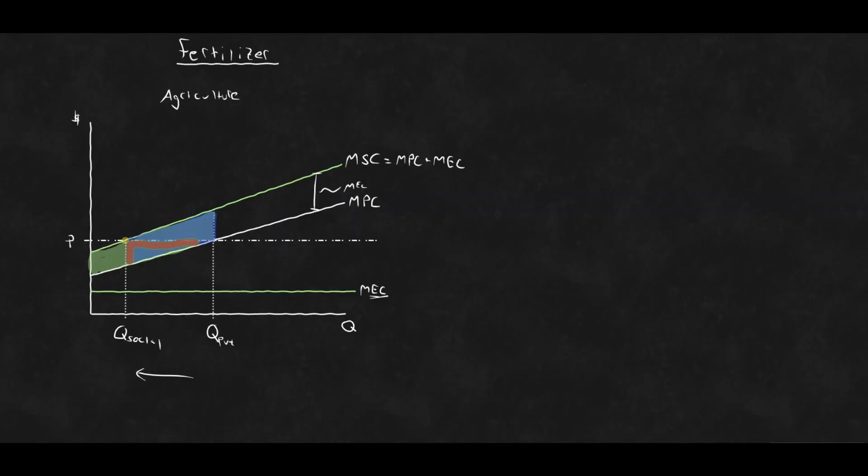In red, the difference between the price they were willing to accept and the price they do accept is their foregone profits. So for them, they are not so happy with this because the producers are worse off by decreasing their amount of production. Keep in mind, at this price, they don't see all of these extra external costs.